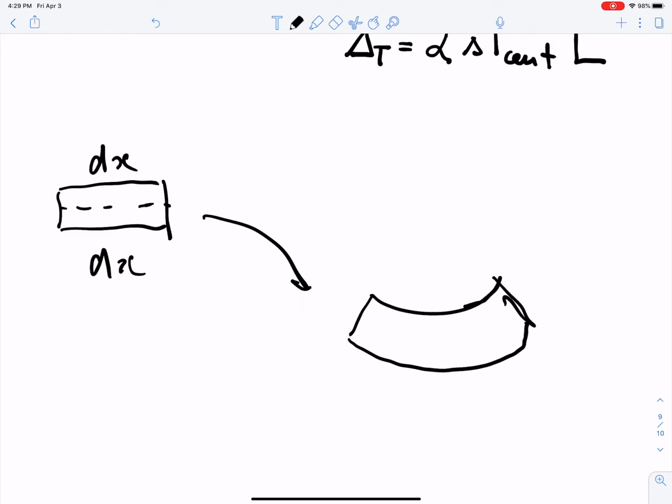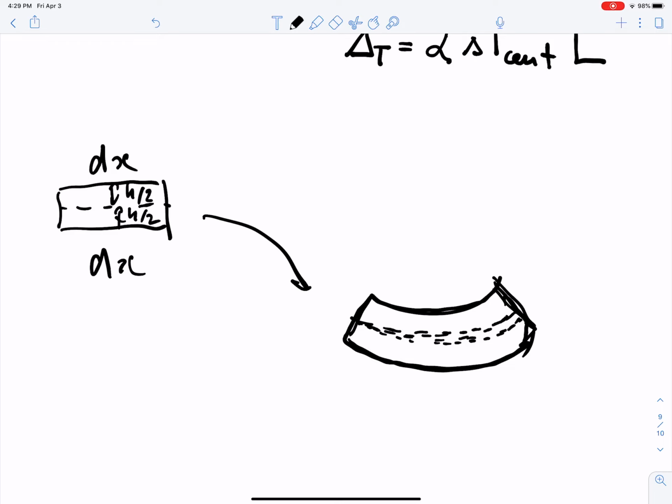Of course, everything is exaggerated, but I'm going to assume that locally I'm developing a curvature, and that curvature is constant. So this is, again, my central axis. Let me assume this is not the beam centroid, but truly something that is h over 2.